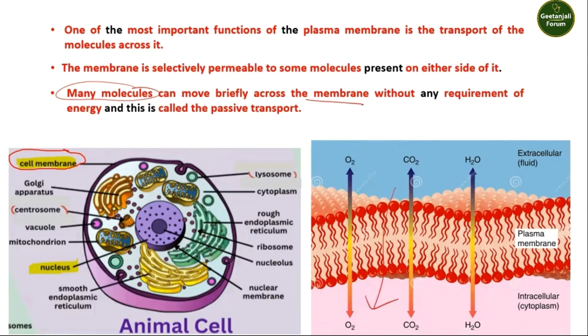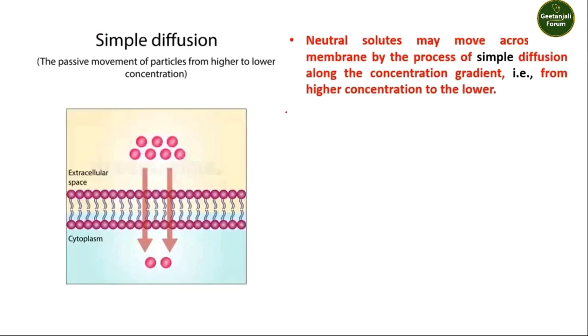Such type of transport where molecules are transported inside the cell without need of any energy, it is called passive transport. Some molecules cannot diffuse inside the plasma membrane easily. Some neutral molecules move across the membrane by the process of diffusion along the concentration gradient.